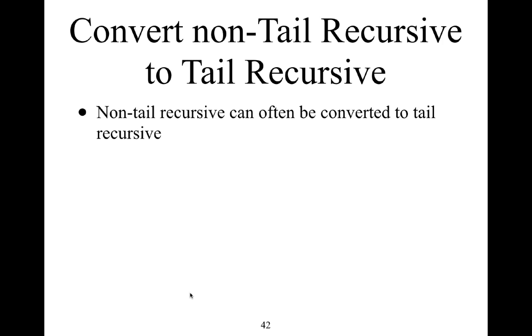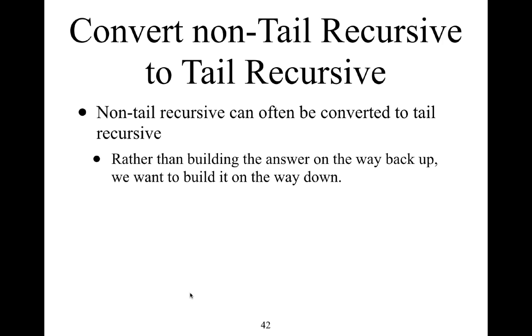So how do we convert a non-tail recursive to non-recursive? Well, I mean, there's always a way. Certainly, you can simulate what the language does with an activation record. But sometimes you can take a non-tail recursive function and change it slightly to make it tail recursive.